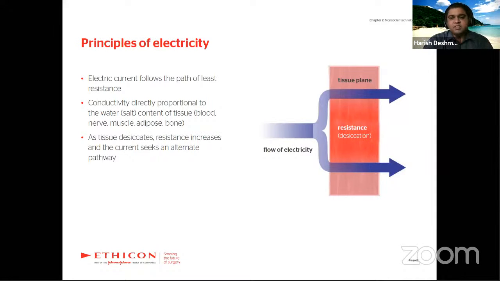This is one simple example of how electricity passes. Electricity also passes the same way. It finds a resistance, it will pass from the side of the resistance. Here in the picture itself, you can see this. Resistance could be of anything. Suppose you are applying electricity and there is no water content left in this portion. The electricity will start finding the alternate path which has the least resistance.